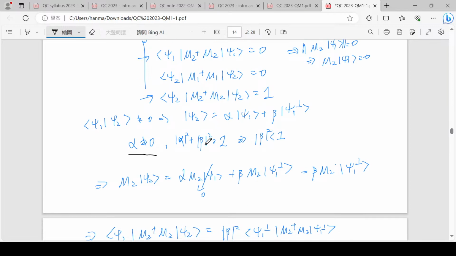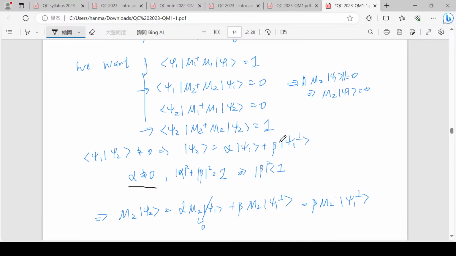And this is a unit vector, so alpha squared plus beta squared should be 1, and this alpha squared is not 0, so beta squared must be less than 1. Okay, so where do we go?